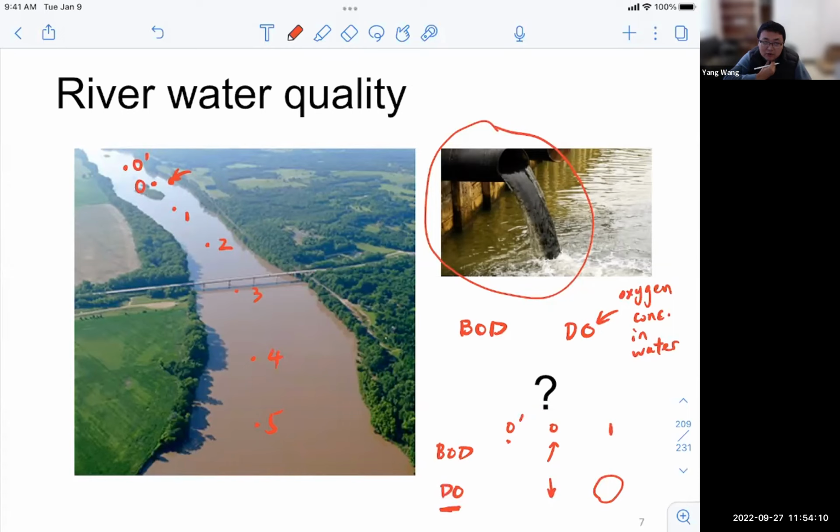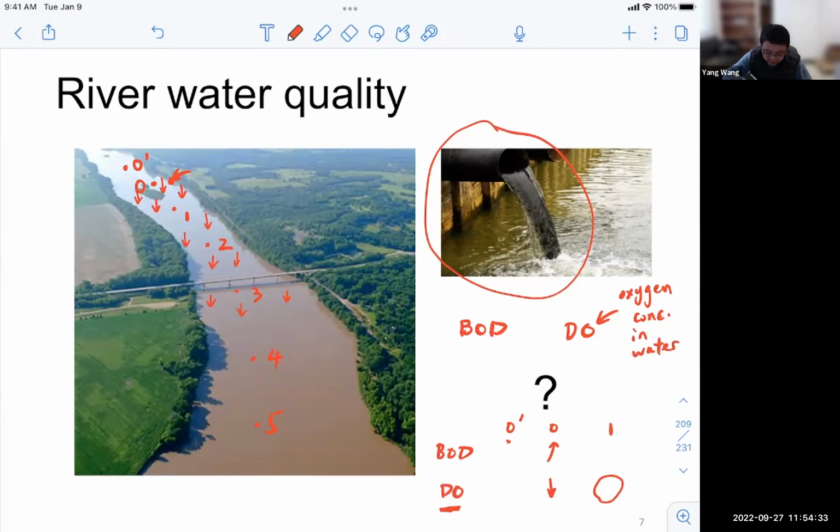But at the same time, we should notice that the river is always in contact with oxygen, right? So although the oxygen is being consumed in the river, at the same time the oxygen in the air is adding back into the river.